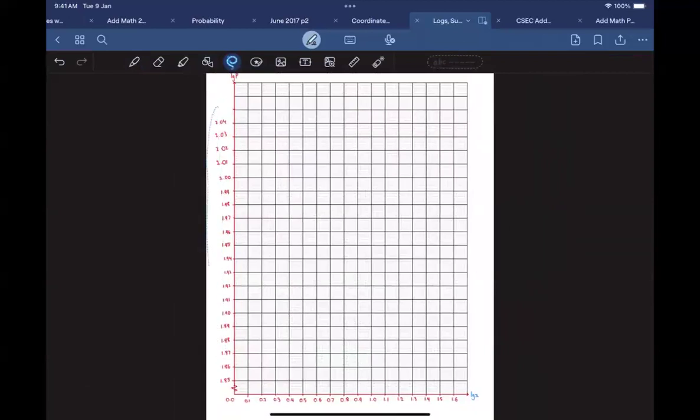Actually, let me start at 1.90 to make sure it has space. I don't want to risk it. Once we start before 1.97, we're good.